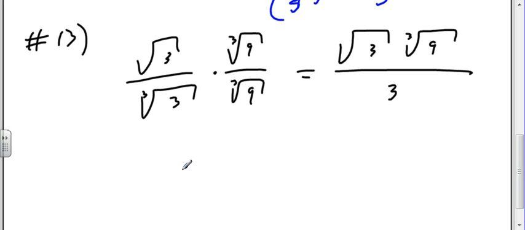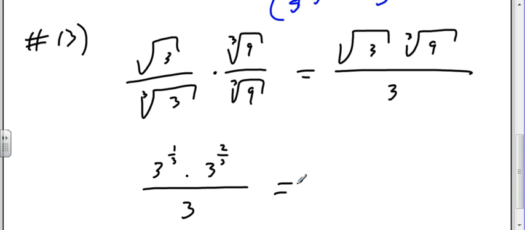Okay, so I've got 3 to the 1/3 times 3 to the 2/3 divided by 3. Oh, it looks like 3 over 3, which is 1.